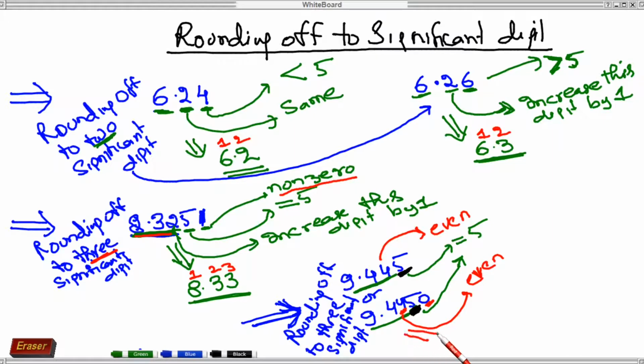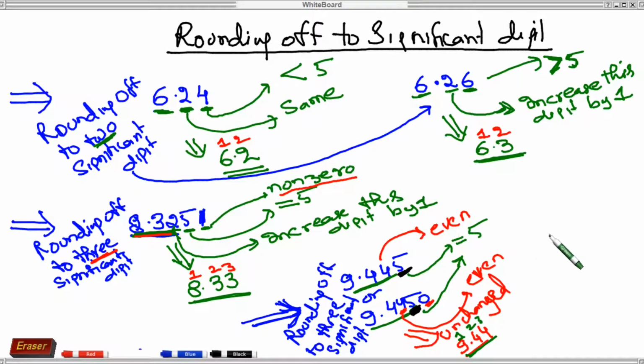So our output will be 9.44. This is up to 3 significant digits, like 1, 2, 3.